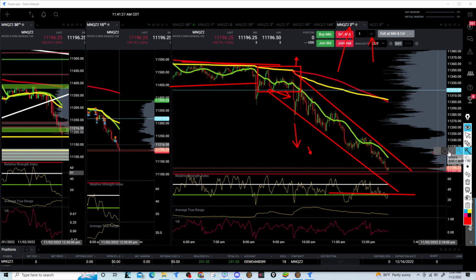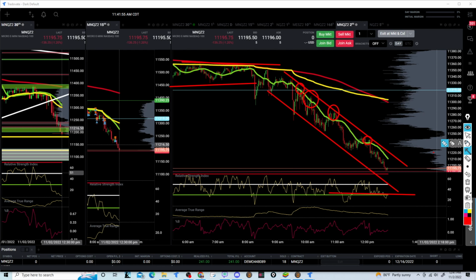Okay, now if we're buying at or near the 20 period moving average, all right, where should we be selling? Okay, if we have a channel and we're buying at or near the 20 period moving average, where should you be selling?